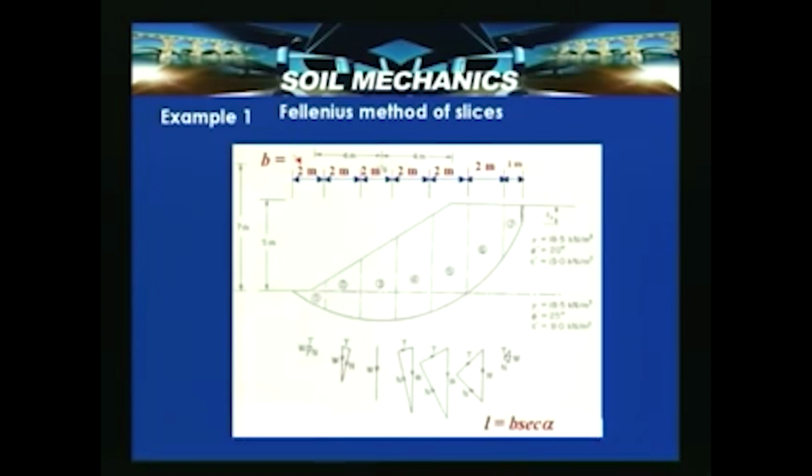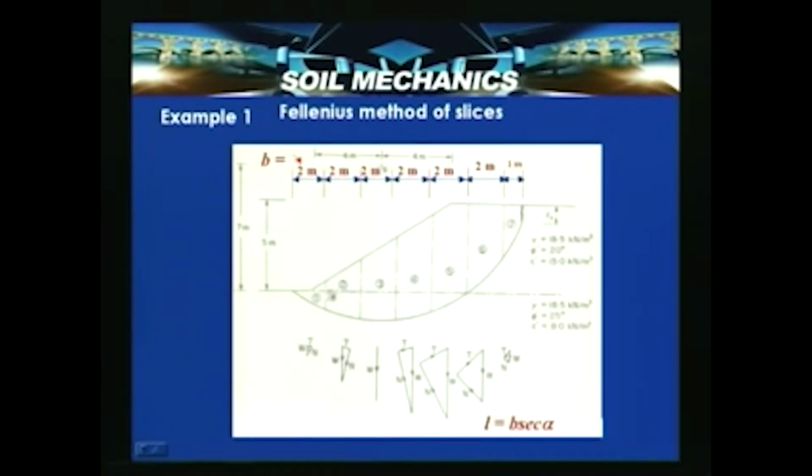Now, let us look at an example based on whatever we have discussed about the Fellenius method of slices or Bishop's method or Swedish method of slices. Here a slope with a certain cross section is shown with pore water pressure data, and this is the location of the tension crack, that is ZC, the tension crack, which is based on 2C by gamma, which is estimated here. So, this is the tip of the tension crack.